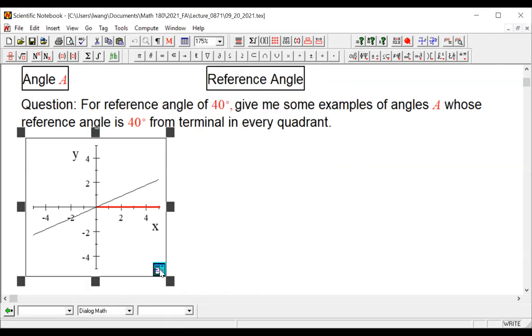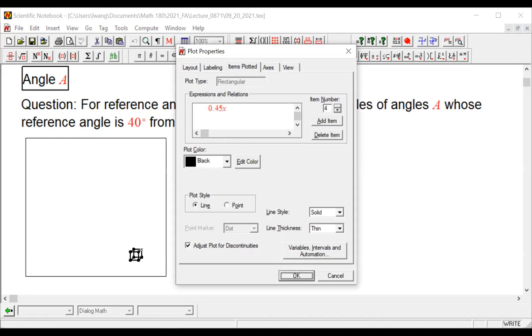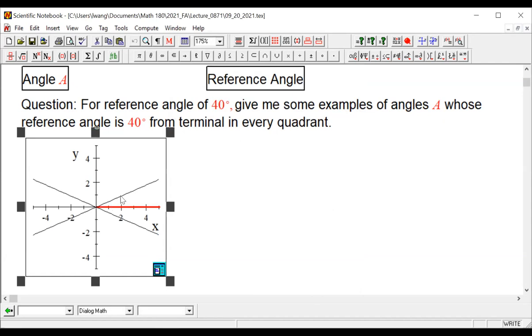Okay, 40 degrees. Okay, all these 4 have the same reference angle, 40 degrees.